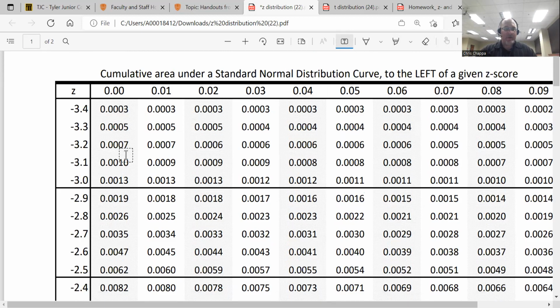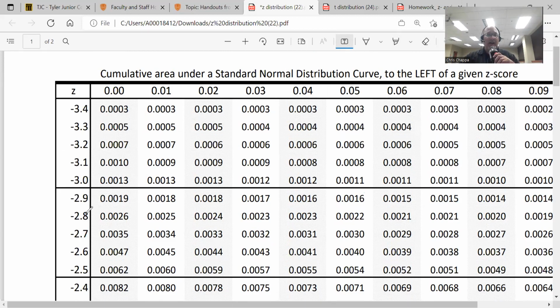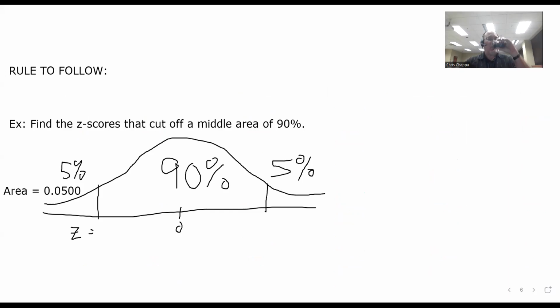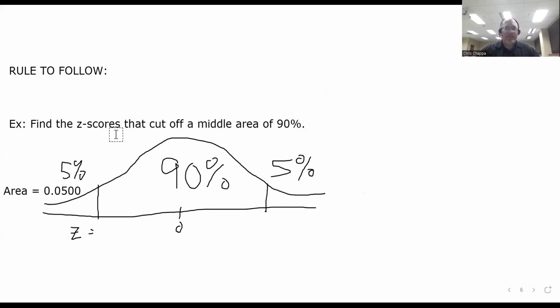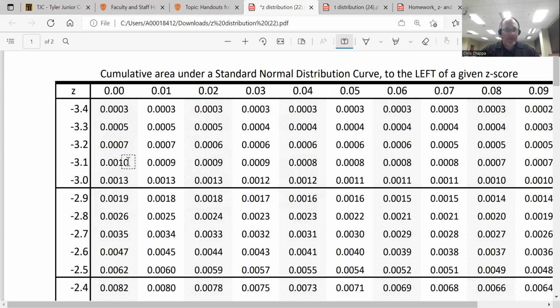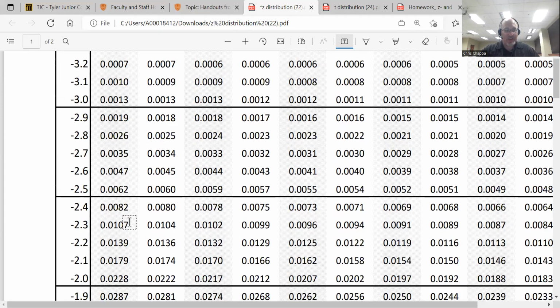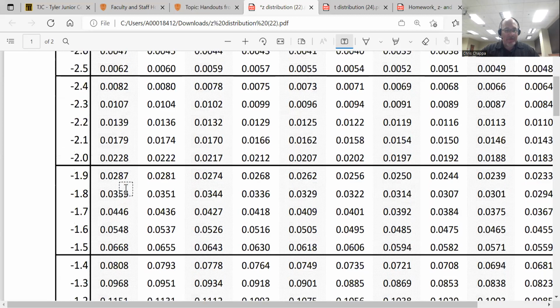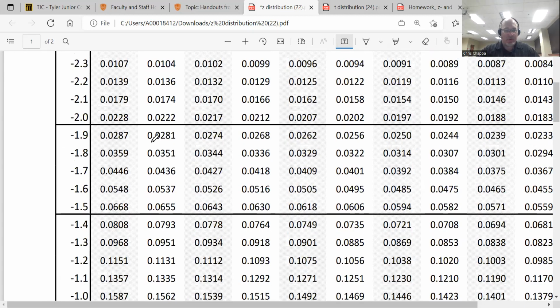Scanning down the first column, I'm looking for 0500, or if you were to ignore the decimal place, I'm looking for 500. Let's find it. 500. 3, 5, 7, 10, 13, 19, 26. Got to keep going. 500, 500, 500. All right, I found the neck of the woods where it would live. It's somewhere around here. So let's just go to the left and let's find it.